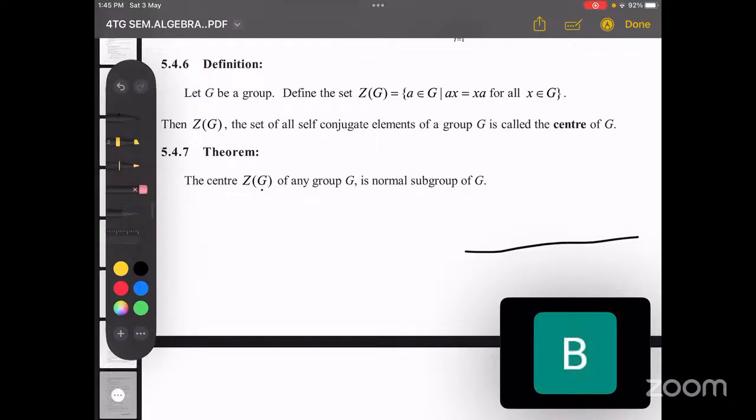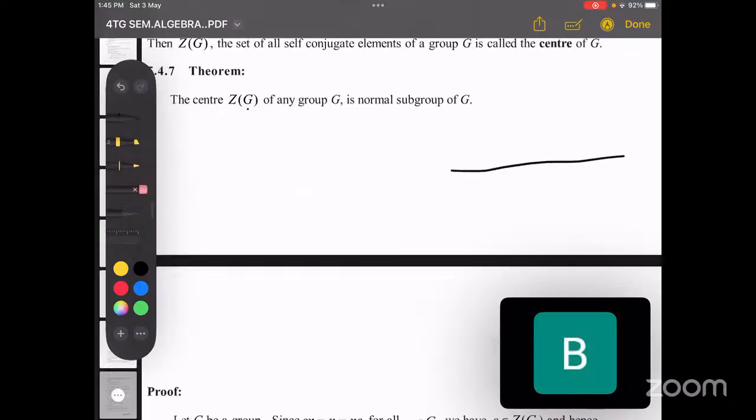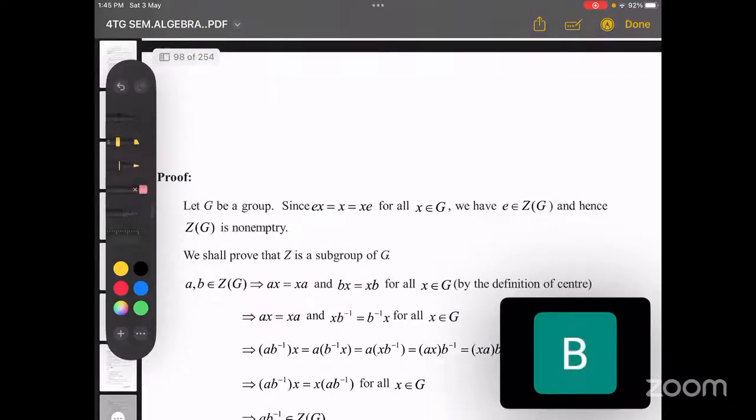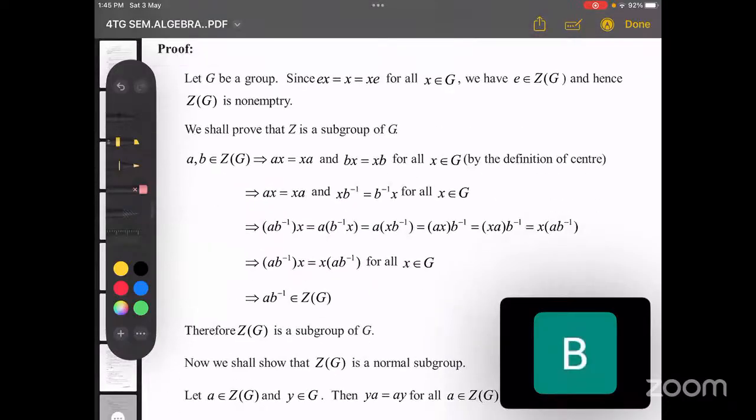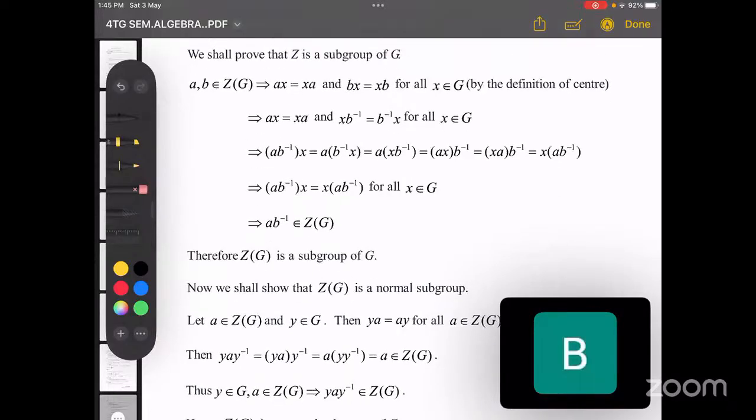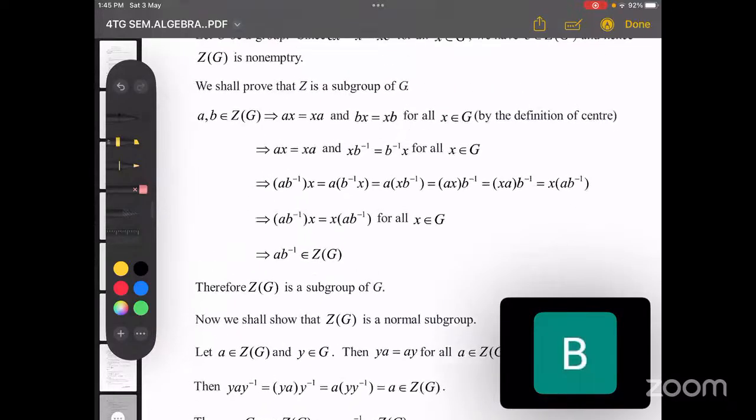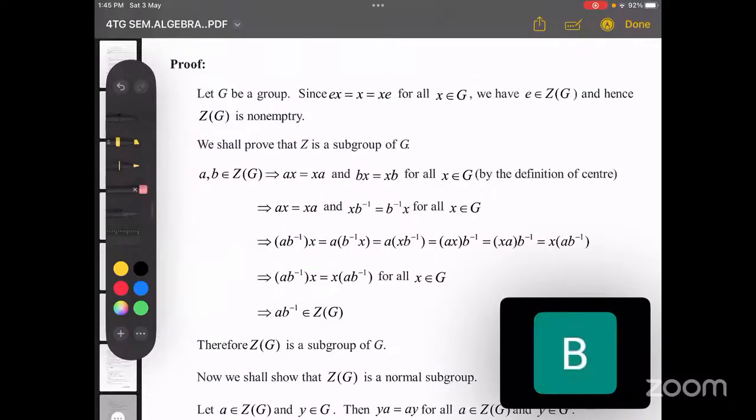We have to show that. To show that it is a normal subgroup, first we have to show that the center Z(G) is a subgroup, then we have to show that it is a normal subgroup. From the definition of Z(G) we have seen, first we need to show that it is a subgroup.